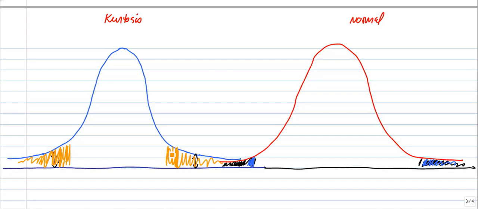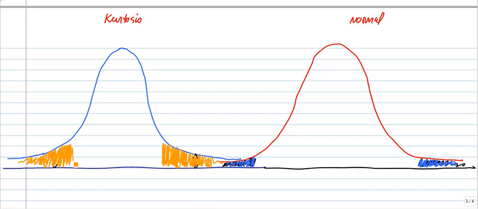Not necessarily further out, but there's more of them, and that's what the fatness of this area under the curve is showing us: there are more observations deviating from the mean at the extreme levels, as opposed to our normal distribution. Yeah, there were some, but there weren't very many that were extreme values. And so that changes the distribution.